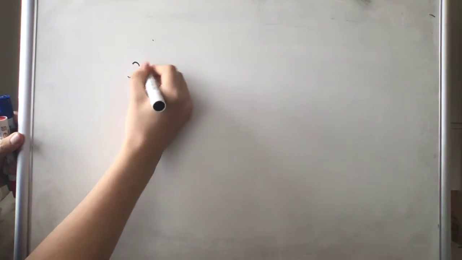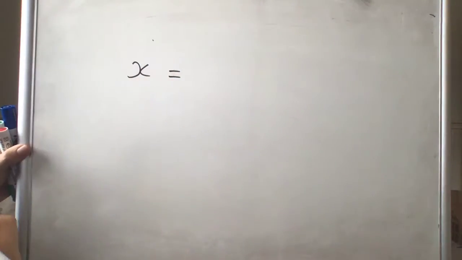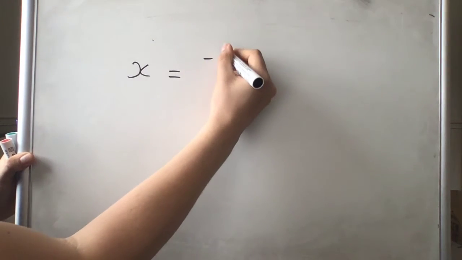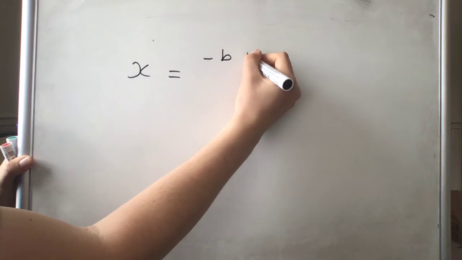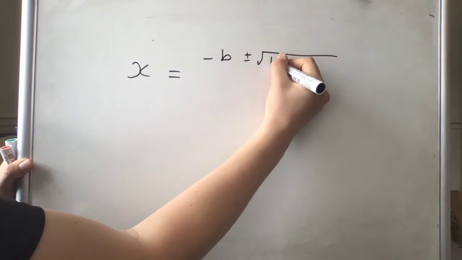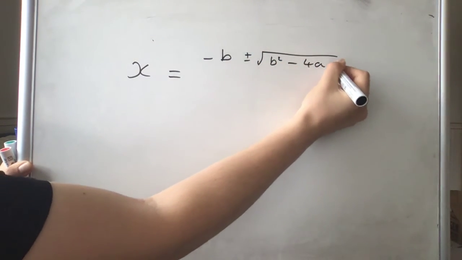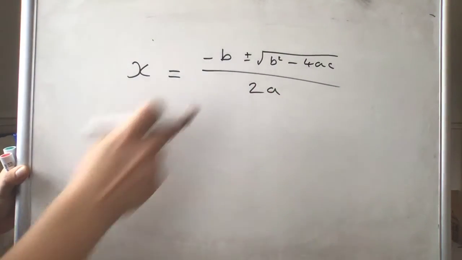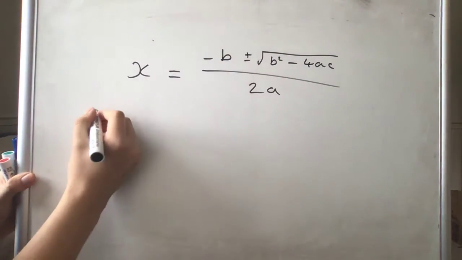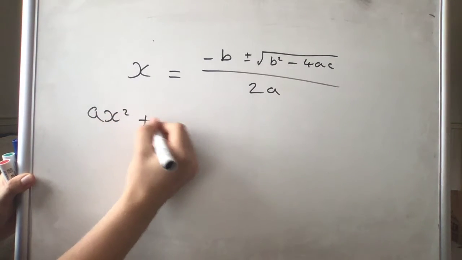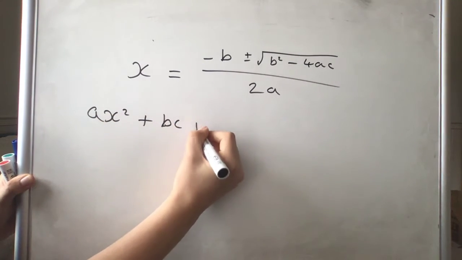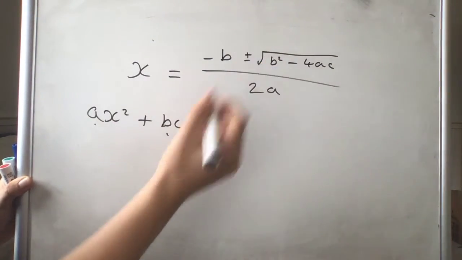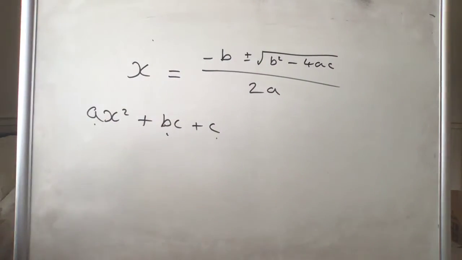If we want to find the solutions or the roots of a quadratic equation, we can find them by plugging into x equals minus b plus or minus the square root of b squared minus 4ac, over 2 times a. And these b's, a's and c's come from the fact that our quadratic equation is going to look a little bit like this. So the a's go where the a's are, the b goes where the b is, the c goes where the c is, for example.